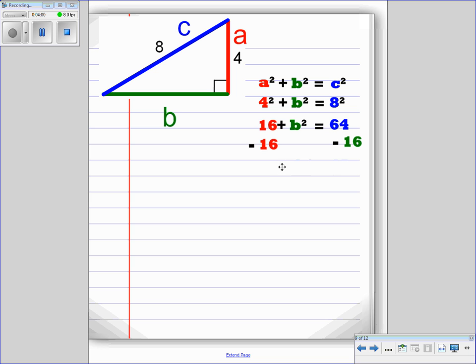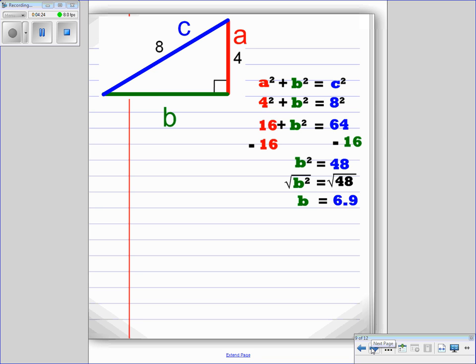Whatever we do to one side, we have to do to the other. Remember the subtraction property of equality. It gives us b squared equal to 48. Take the square root of both sides, and b is going to equal 6.9. Make sure you have this example in your notebook on page 115, so that you will have something to use tomorrow when we go over this in class.